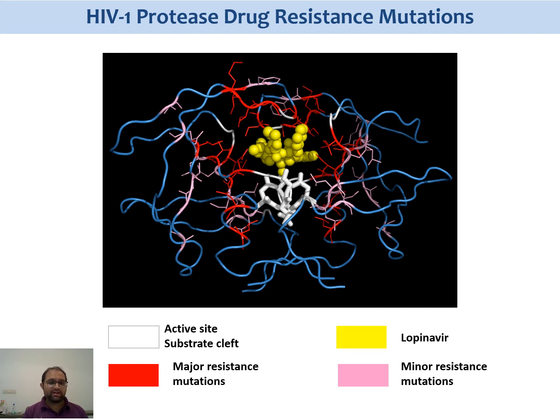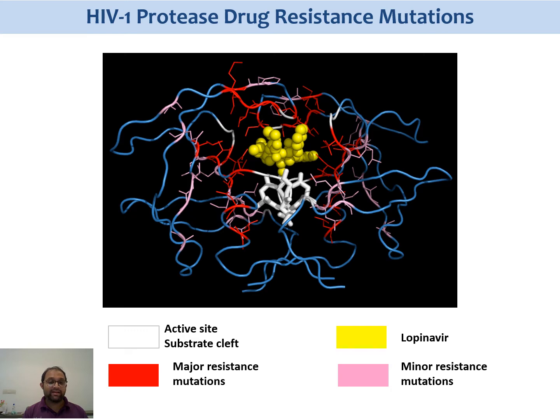And you would appreciate how both the major and the minor mutations are strategically located to nullify or reduce the impact of this inhibitor. So major mutations are those which are sufficient to nullify the effect of the drug, while the minor mutations are the compensatory mutations, so they will make up for any loss in fitness because of the major mutations, or they would help the major mutations in exerting their full effects.